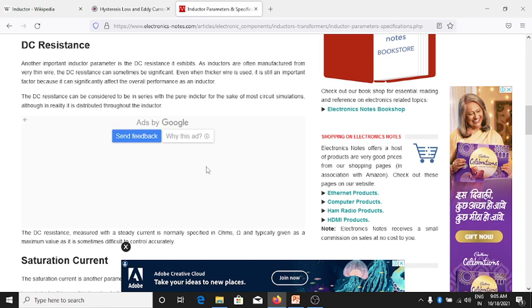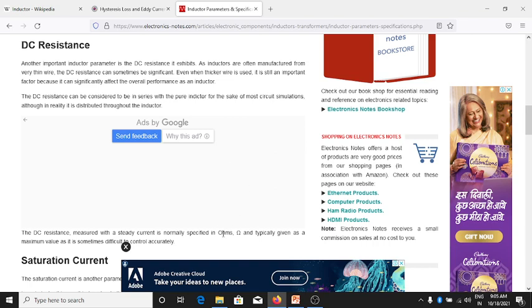The DC resistance can be considered to be in series with the pure inductor for the sake of most circuit analysis, although it is distributed throughout the inductor.